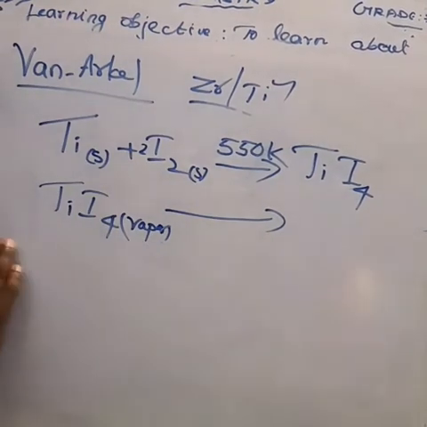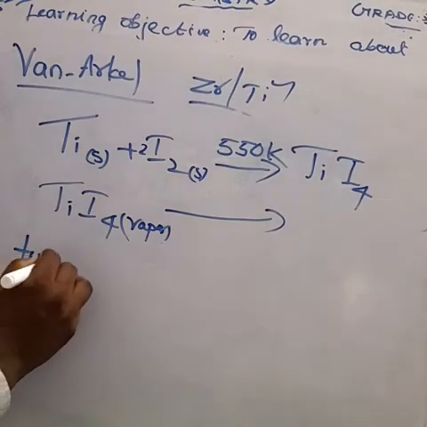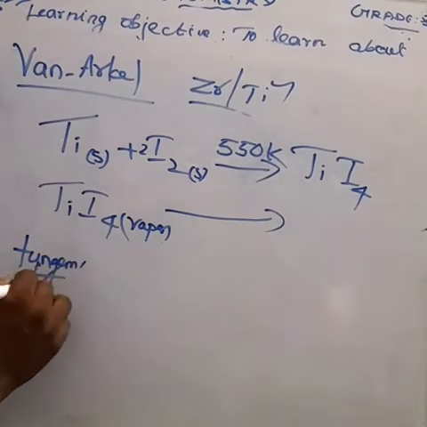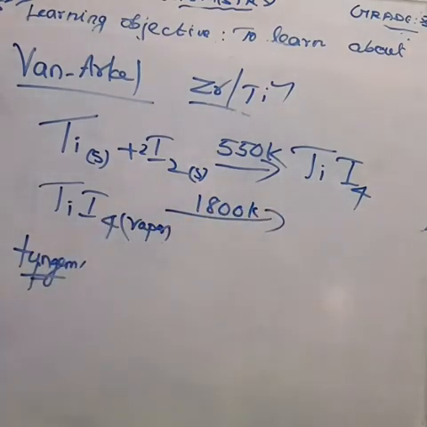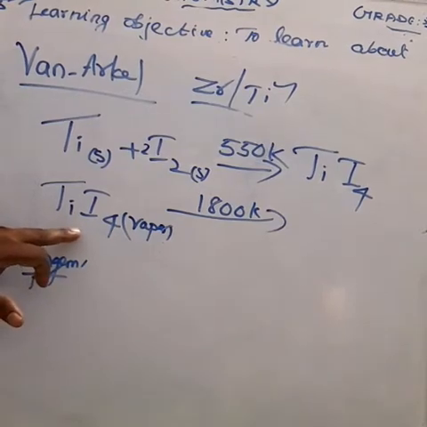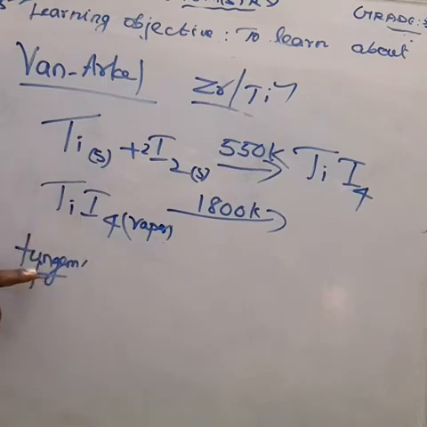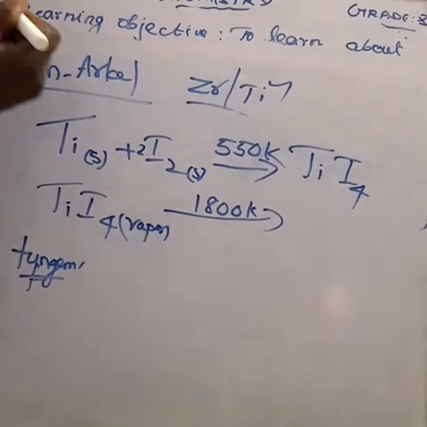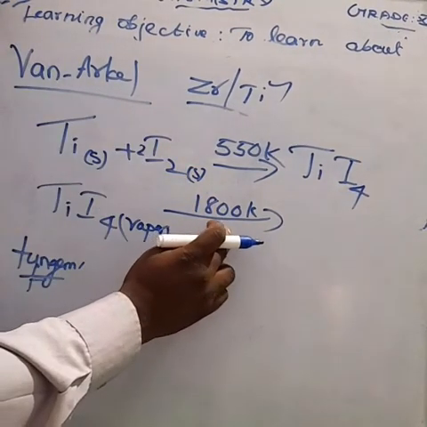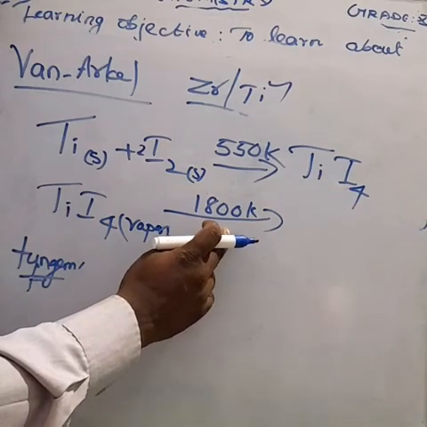What is the temperature? Around 1800 Kelvin. Don't forget the temperature. These are all very important one-word questions. Try to learn the temperature thoroughly. The volatile titanium tetraiodide vapor is passed over a heated tungsten filament at around 1800 Kelvin.